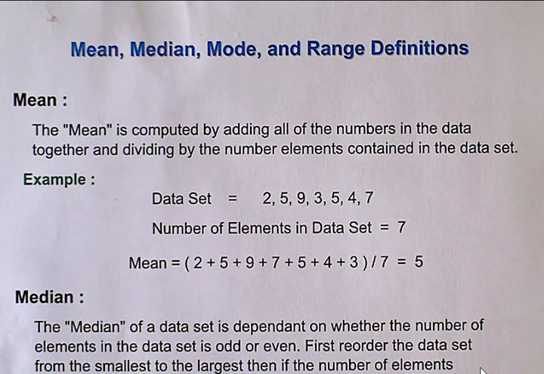So in the example that's there, you have the numbers 2, 5, 9, 3, 5, 4, 7, and when you count them up, there's 7 of them. So you can see down below, they added up all the numbers, they divided it by 7, and they got 5. Okay, so that is the mean for these different sets of numbers.